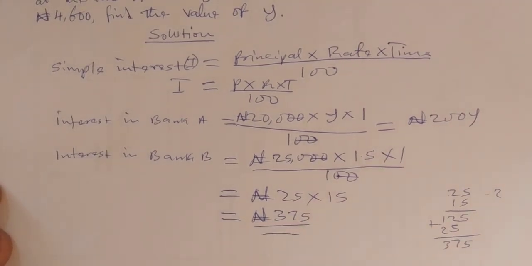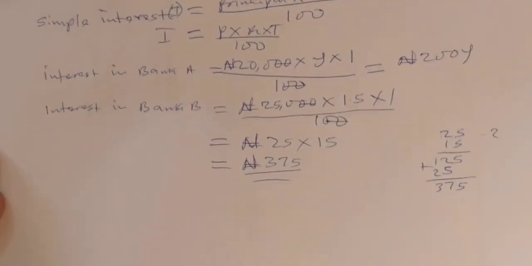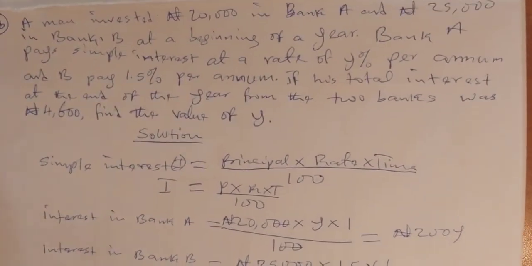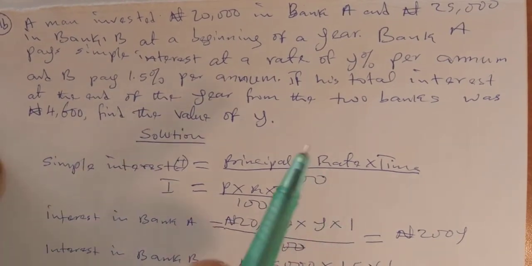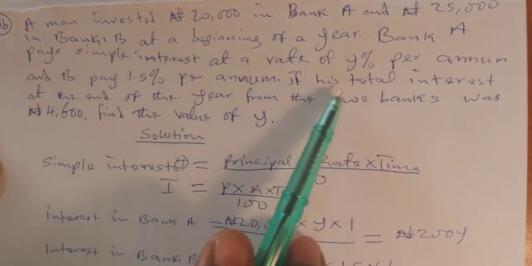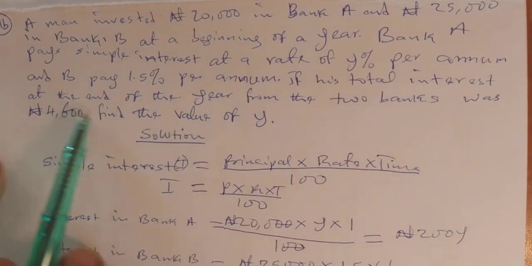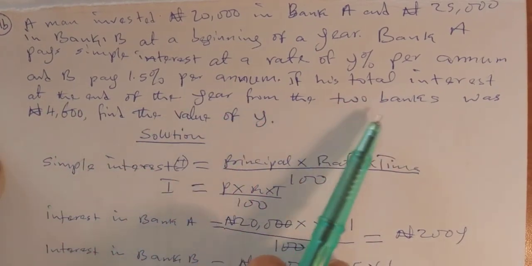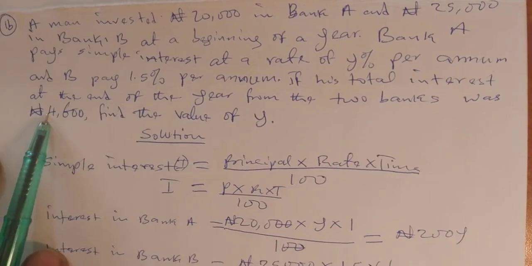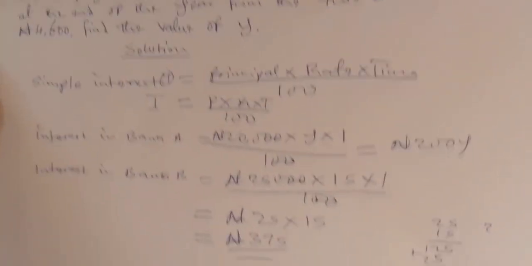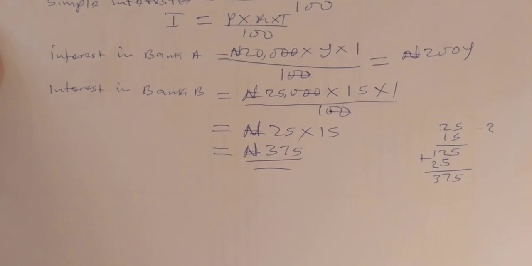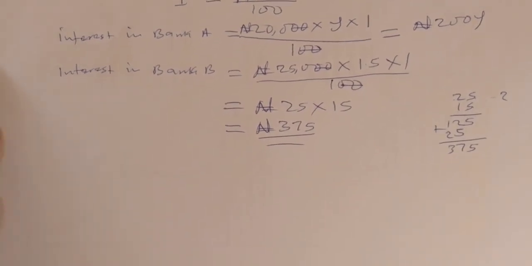But this is not what we are asked to actually solve. Now look at the question. The last sentence said, if his total interest at the end of the year from the two banks was 4,600. So what we'll do is sum the interest of Bank A and Bank B and equate it to 4,600.